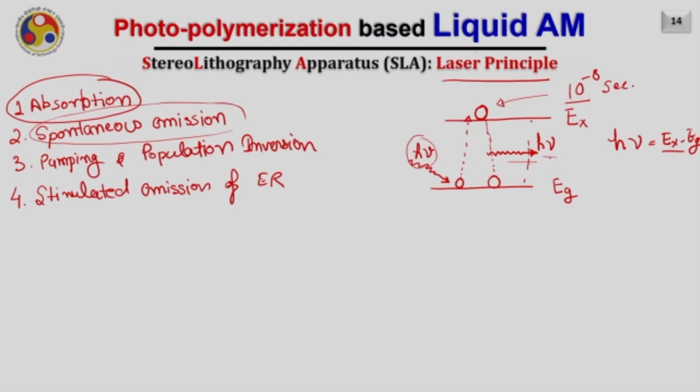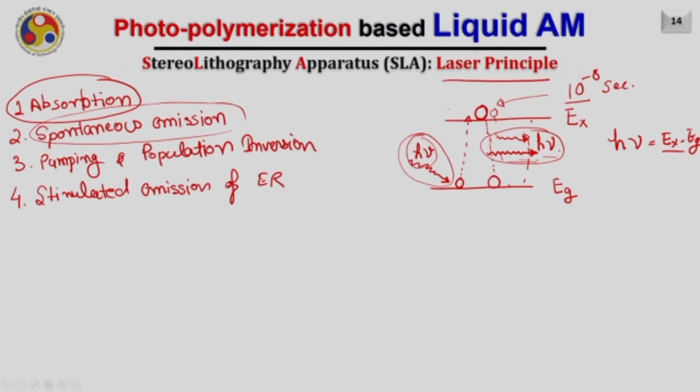As you can see, this particular emission need not be in correlation in phase, and hence it is not coherent light. Means this photon which you are producing may not be coherent with the light which was incident on this. Also, if multiple photons are going up and then coming down, they will emit the photons at different times, and hence their phases may not be same. Means the light which we produce by spontaneous emission may not be coherent.